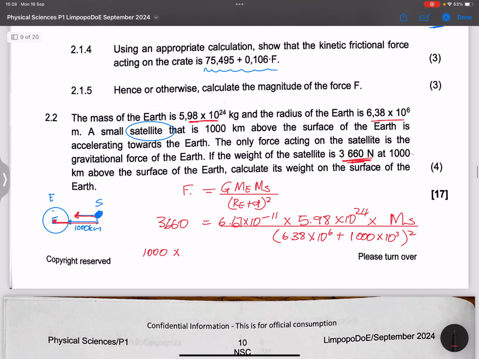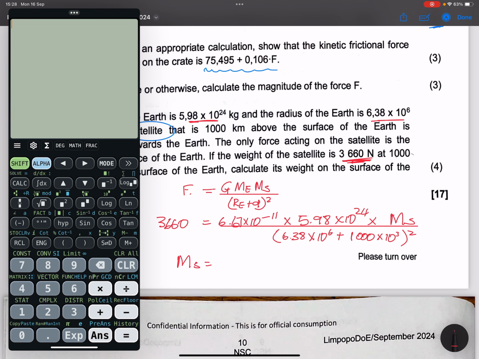Now let's look for the mass of the satellite. I'm going to cross multiply and divide by what's in the numerator.